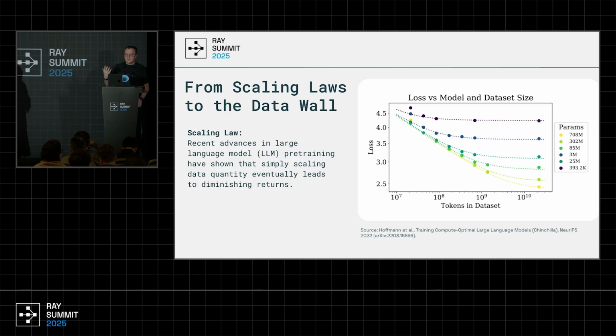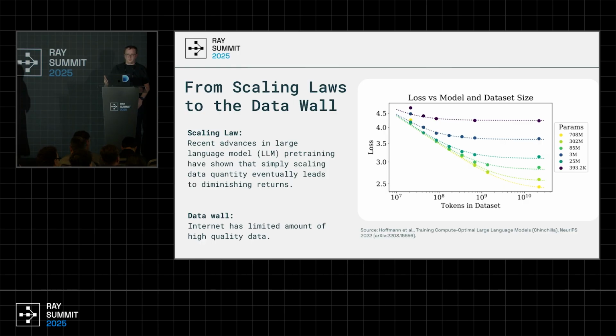So why synthetic data in the first place? With the scaling laws, you need exponentially more data, exponentially more compute to get better and better models, right? So at some point, there's this idea that you run out of internet data, and we call that the data wall. So the idea behind synthetic data is that you can generate a lot more data in the first place so that overall you can get to the volumes of data needed to train better and better models.